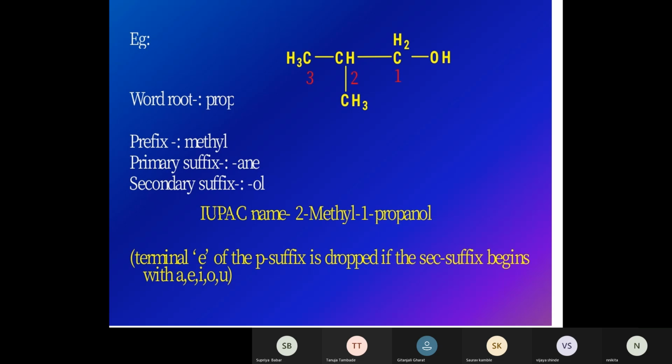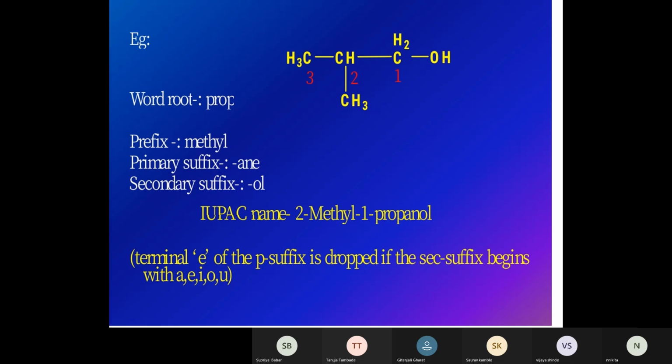So 2 dash methyl, then 1 dash, then comes the word root, that is pro. And here there is a secondary suffix we are using, that is the OL.